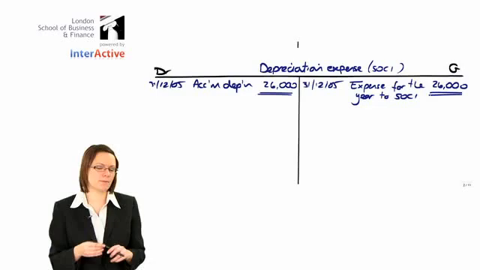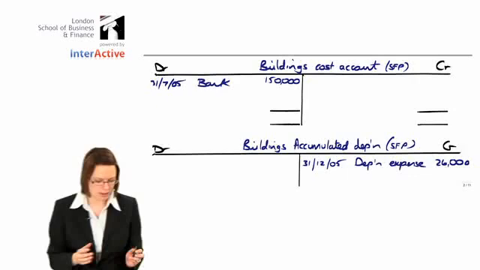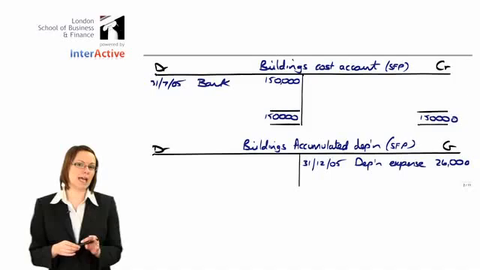Anyway, moving on. Going back then to our cost account for buildings, well, we can see that the total is on the debit side of 150. With assets, liabilities and capital, it's everything at a moment in time.